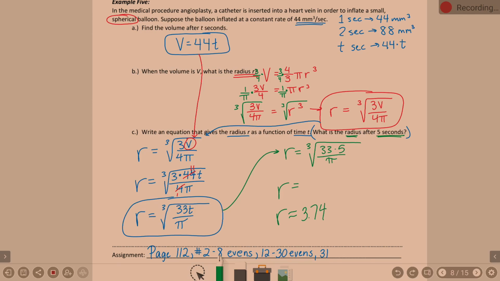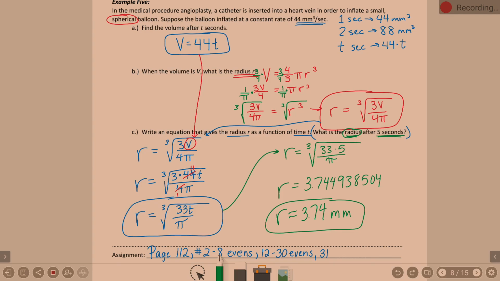This is a radius, and radius is a distance, so I just want millimeters. This was originally 3.74938504, too many numbers. Good.